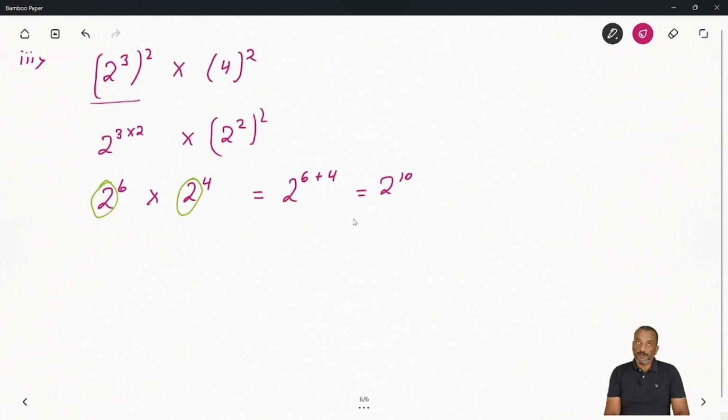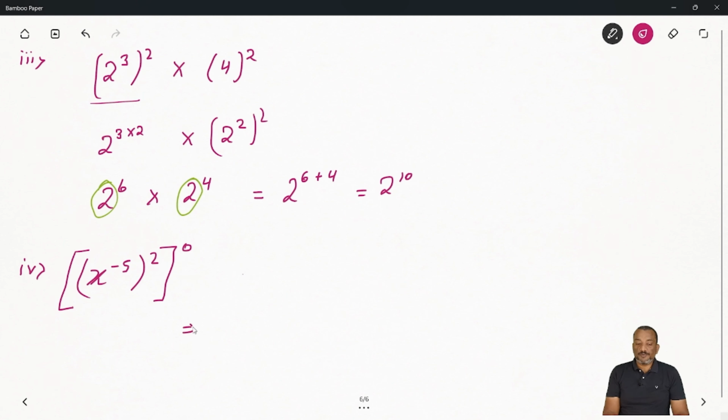Now this way we have to solve. Now see the fourth question. Suppose the question given is x to the power minus 5, and whole you have 2, and then again you have another bracket, their exponent you have 0. So simply you have to find the value.